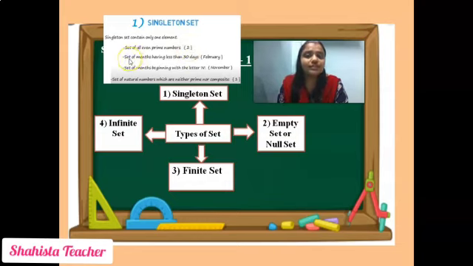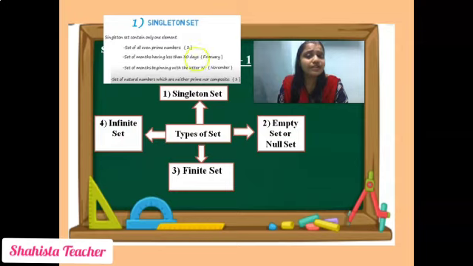Now next condition, set of months having less than 30 days. Students, which month has less than 30 days? January contains 31 days. February contains 28 or 29 days. March contains 31 days.